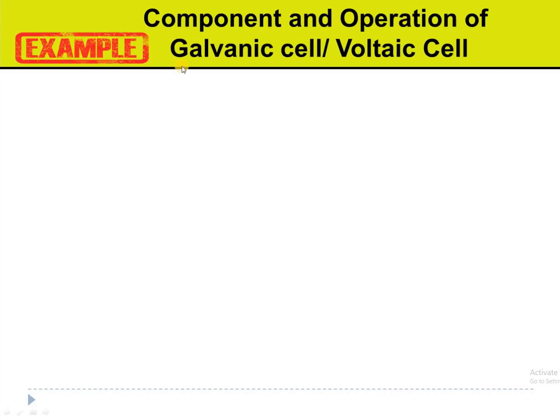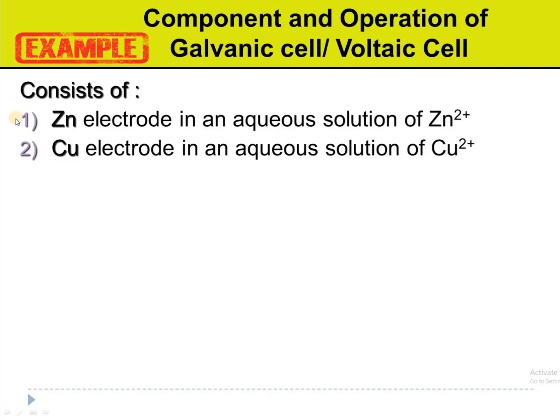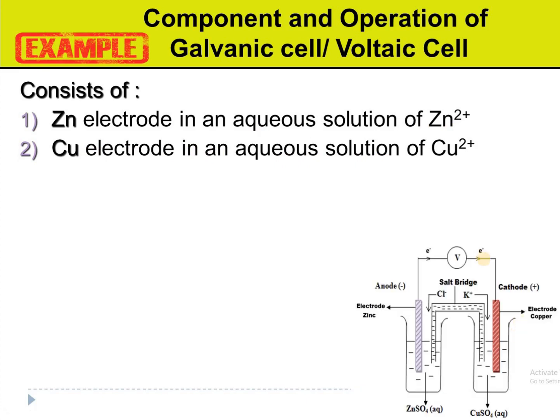This is an example of the components and operation of galvanic cell. First, in galvanic cell, electrodes must be immersed in electrolyte, for example zinc electrode and copper electrode. Zinc electrode is immersed in an aqueous solution of zinc 2+ ion and copper electrode in an aqueous solution of copper 2+ ion. Students can see the diagram.